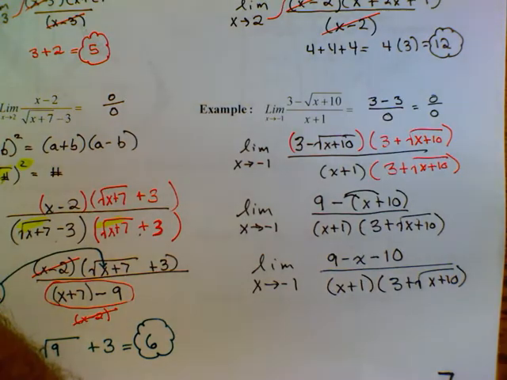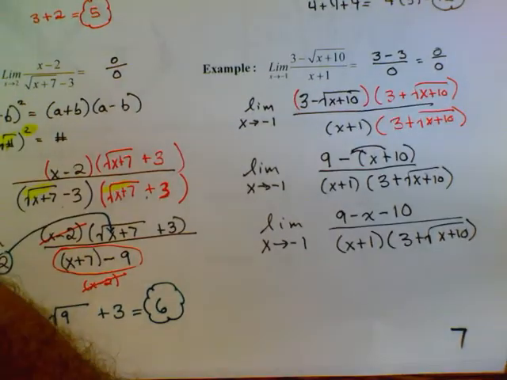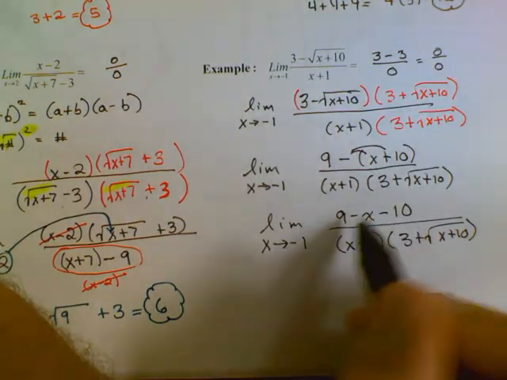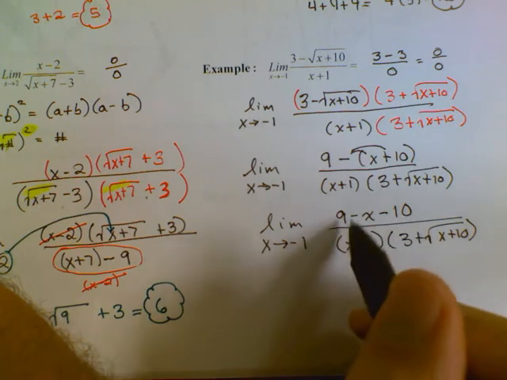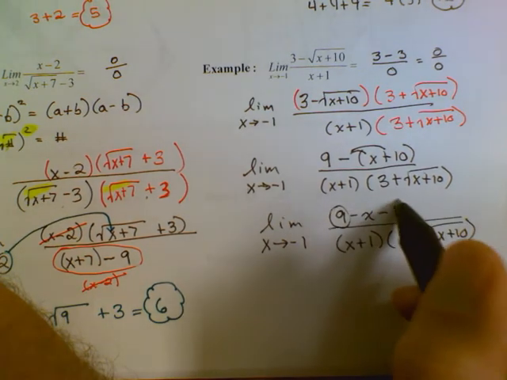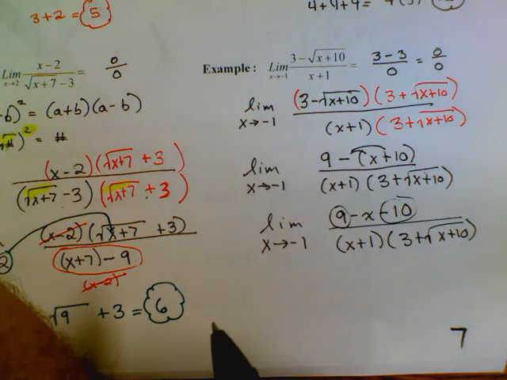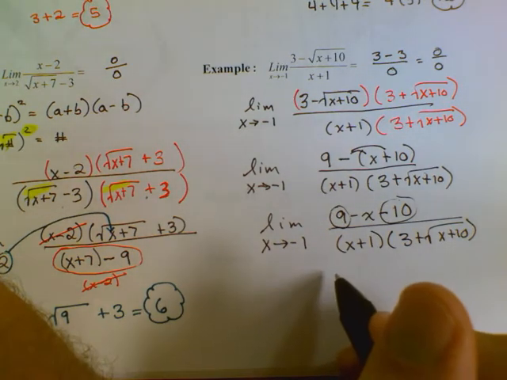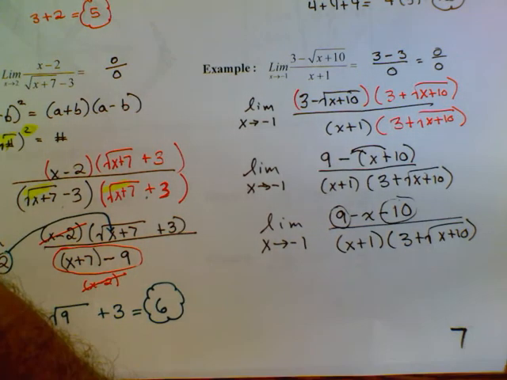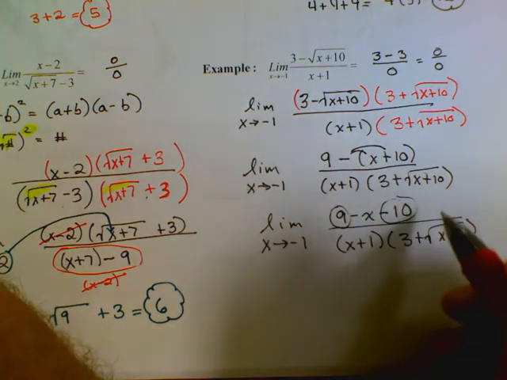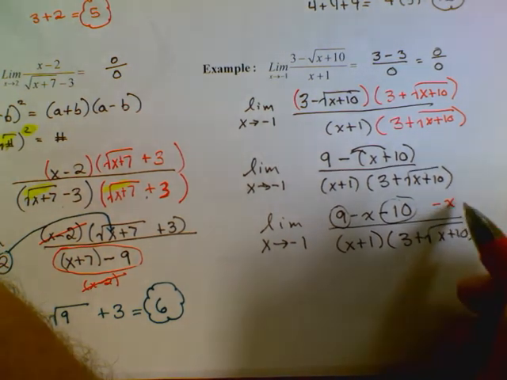All right, we're making a little bit of progress. 9 minus x minus 10. Well, I have a 9 and I have a minus 10. 9 minus 10 is negative 1. So that numerator, I want you to think of it as negative x minus 1.